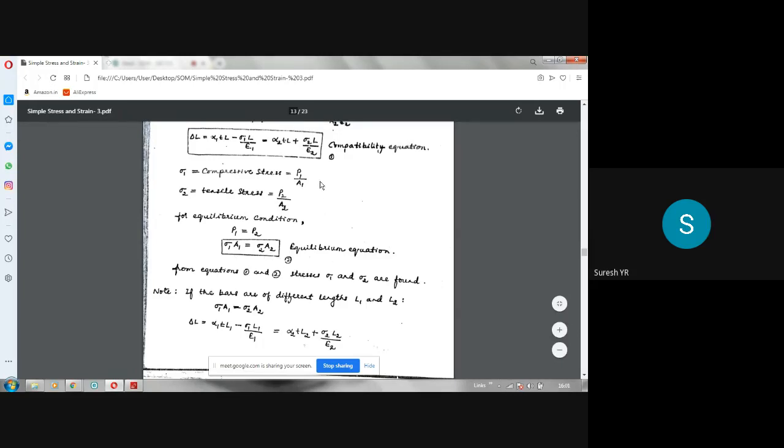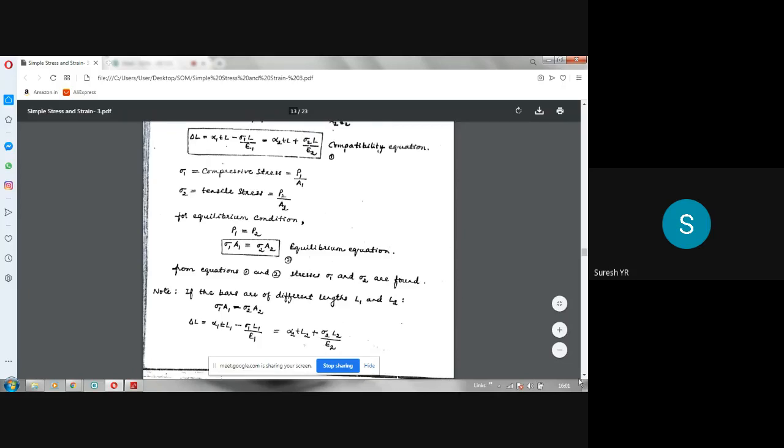By solving these two equations, you can find out the unknown sigma 1 and sigma 2, and later on you can find out delta L also. Once you get the values of sigma 1 and sigma 2, substitute them here and get the value of delta L. So that is when the lengths are different, then you have to use this formula.